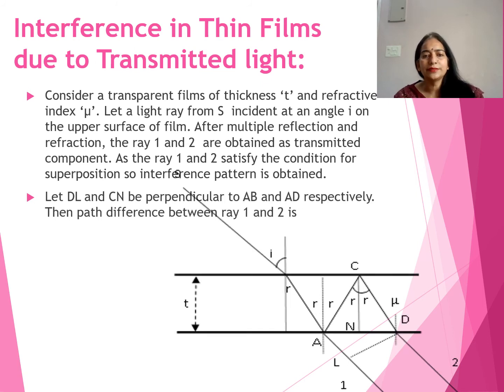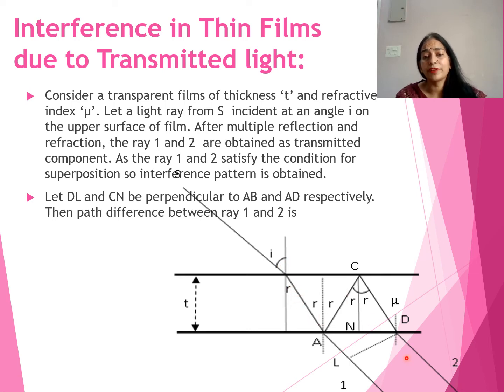Consider this ray diagram for the transmitted case, and the derivation is similar to what I did in previous slides. Consider a transparent thin film of thickness t and refractive index mu. Let the light ray from S be incident on the upper surface of the film at incident angle i, and the angle of refraction is r.